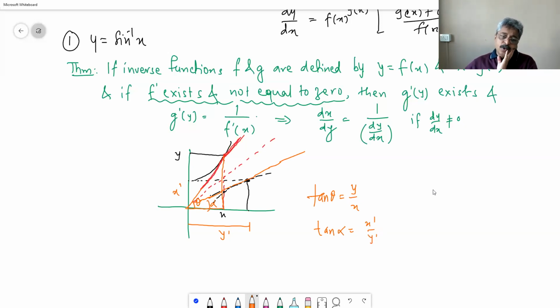Therefore, let us take those numerical values. This is y and this is x. Therefore, tan alpha is going to be x upon y, which is 1 upon y upon x, which is 1 upon tan theta.